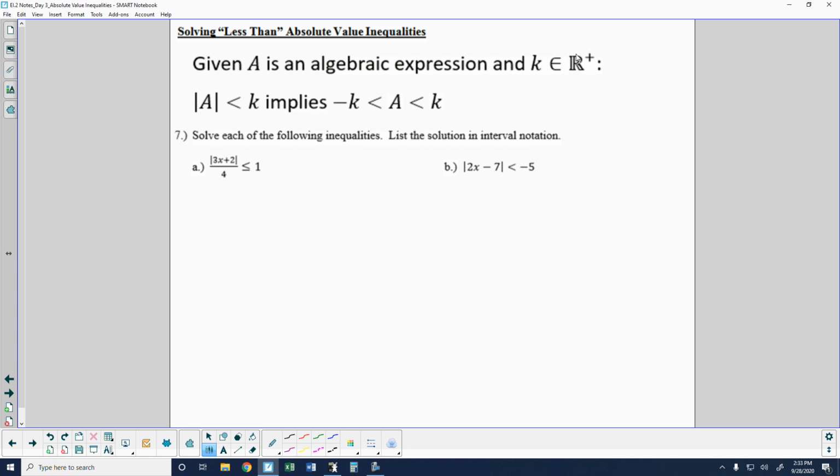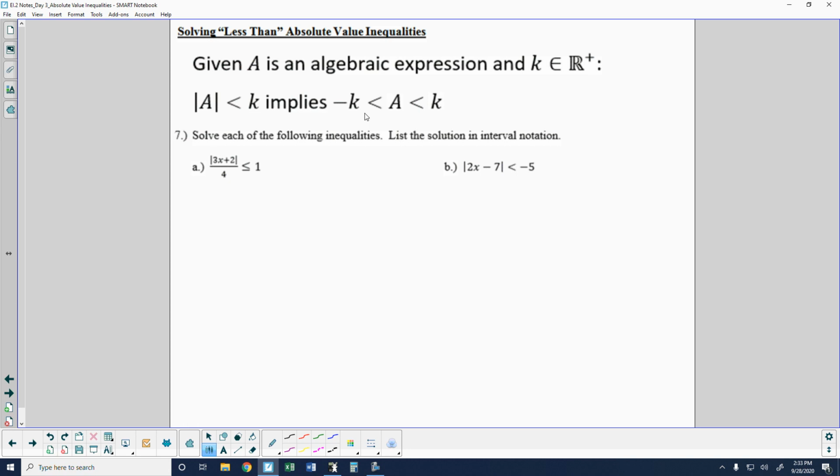Remember, this R looking symbol means real number, so any non-imaginary number, which we'll talk about later this year, but it's got to be positive, because it's an absolute value here. So if we have an absolute value that is less than k, it implies a compound inequality where A is still less than k, but also A is greater than negative k.